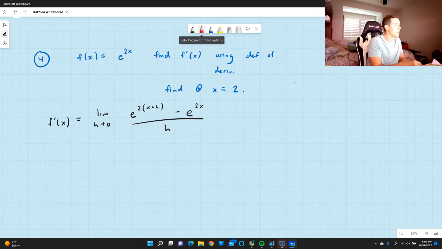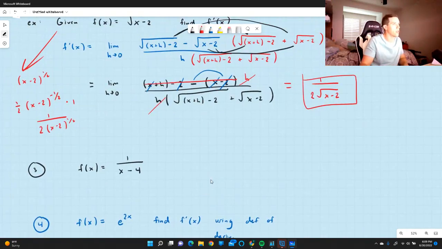Now the other thing, if I wanted you to find the derivative at 2, what we do in the other problems is we simplify this. So if we go back to this problem, for example, we have the derivative function. I could ask you to find f prime of 3, and you would just plug 3 in.